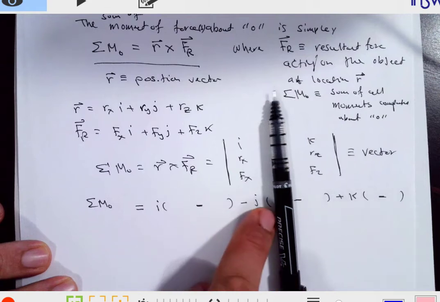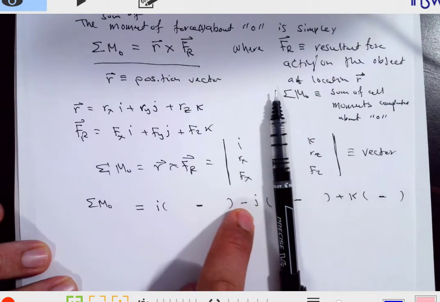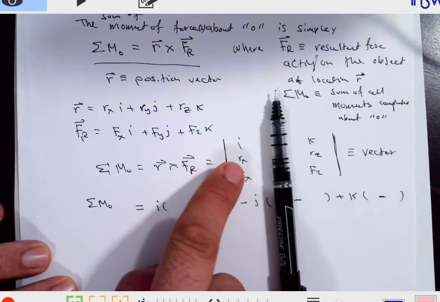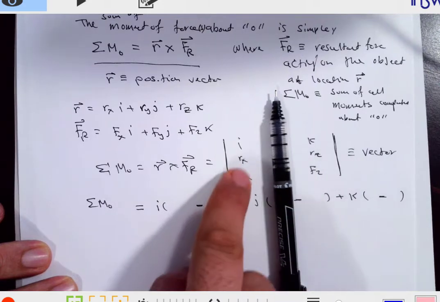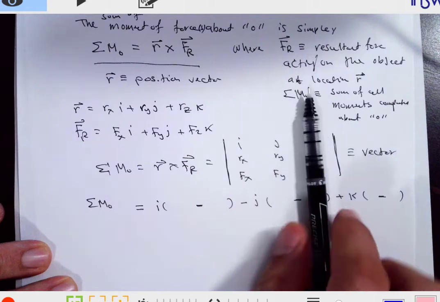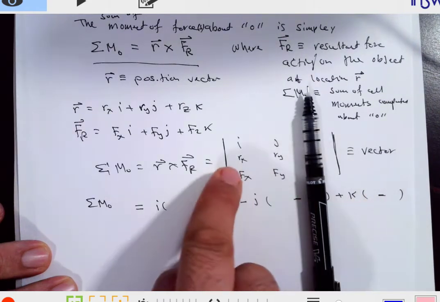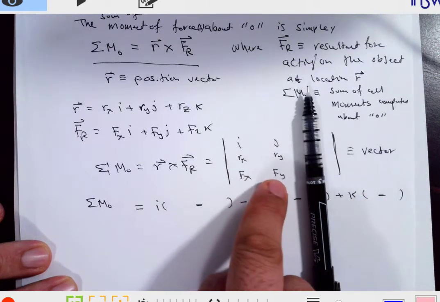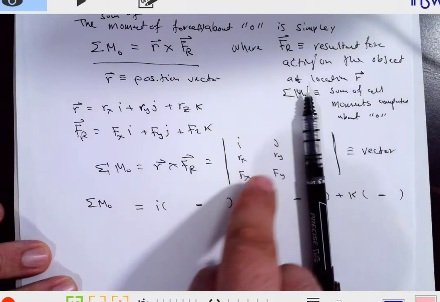For the second part, it's going to be Rx Fz minus Rz Fx. Here, it's going to be Rx Fy minus Ry Fx.